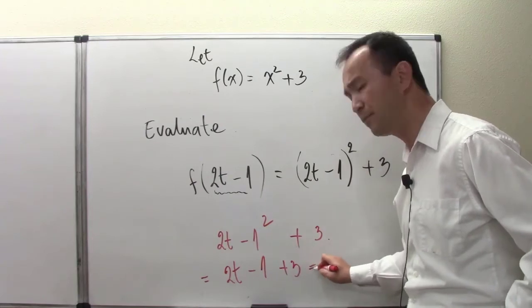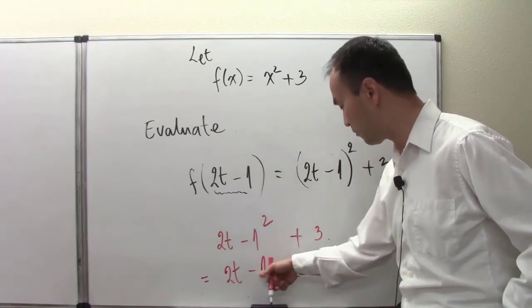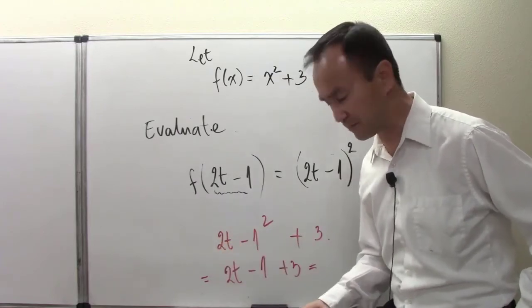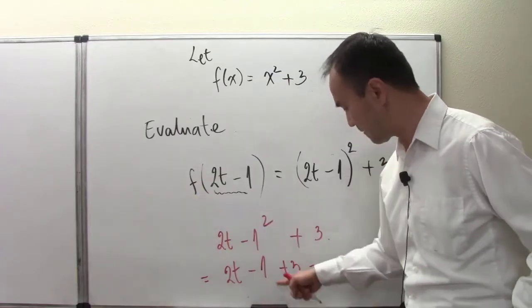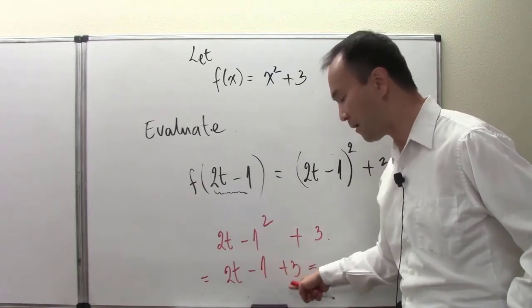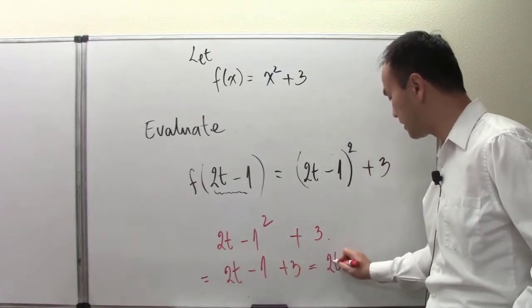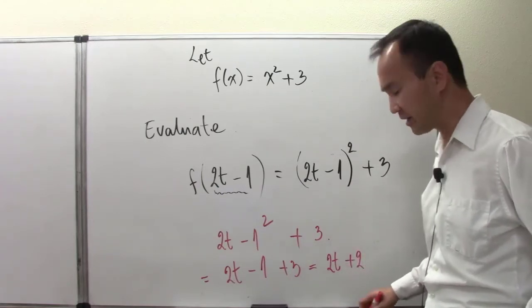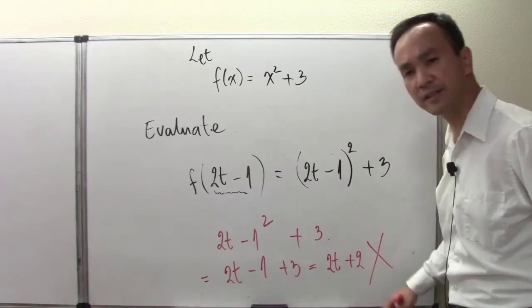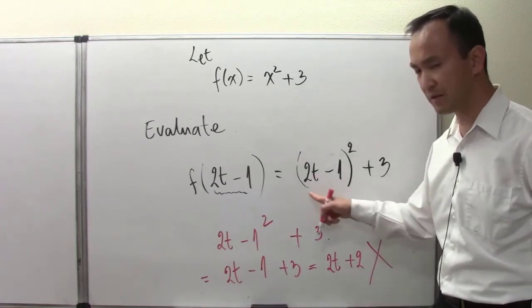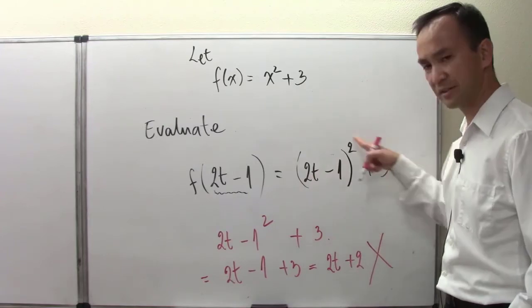So negative 1 plus 3, combining like terms, which we've learned in a previous course, gives a positive 2. We simplify that into 2t plus 2. But ladies and gentlemen, this is a very incorrect answer. Allow me now to show the actual answer here.